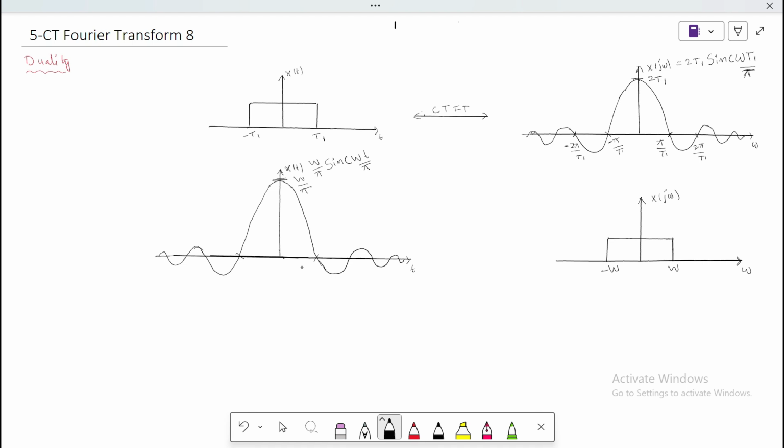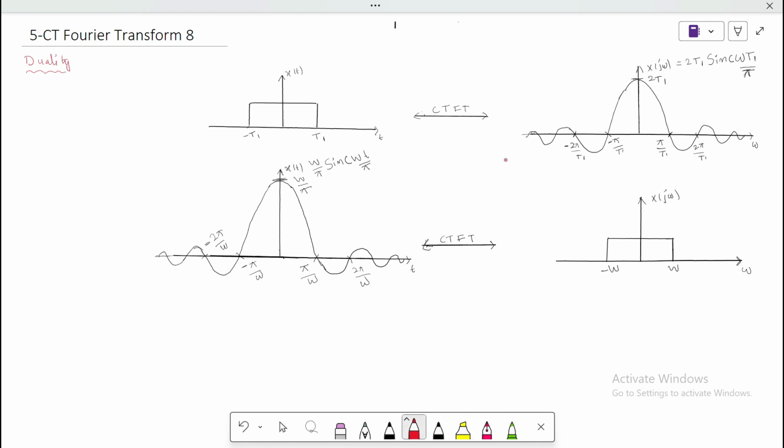This is pi by w. This is 2 pi by w. This is minus pi by w. So this value is minus 2 pi by w. So continuous time Fourier transform. So this is called duality.